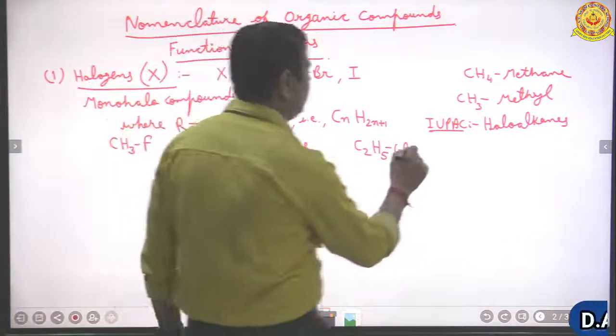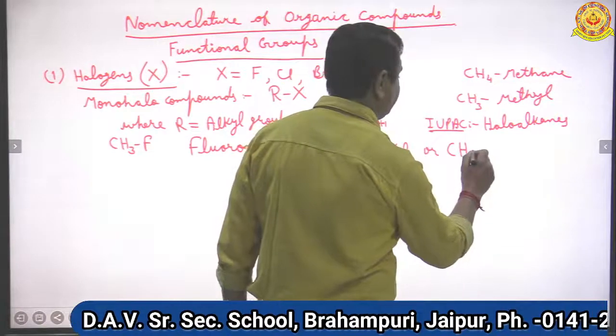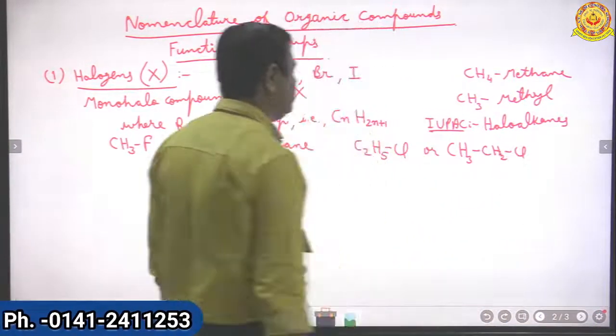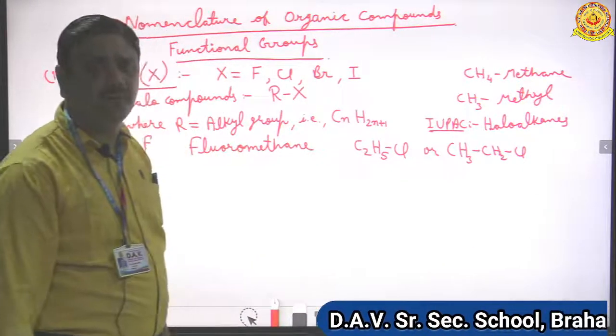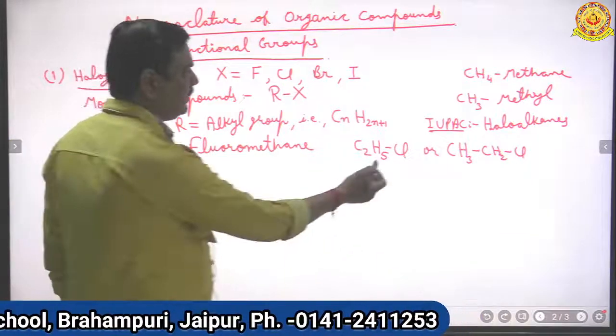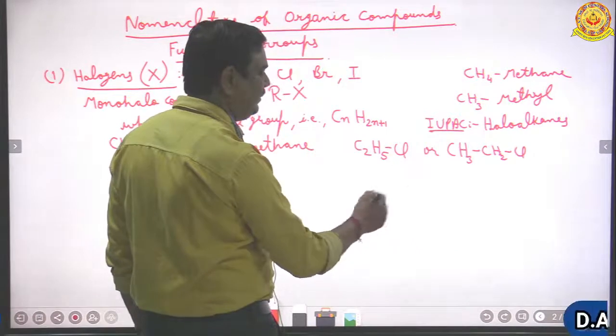C2H5Cl, or I can write it this way also, CH3CH2Cl. Both are the same, only the way of writing is different. Halogen chlorine means chloro.